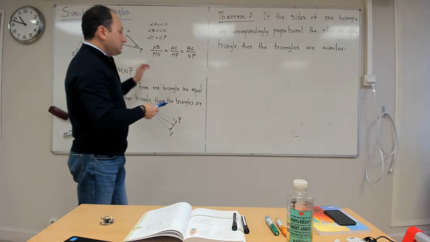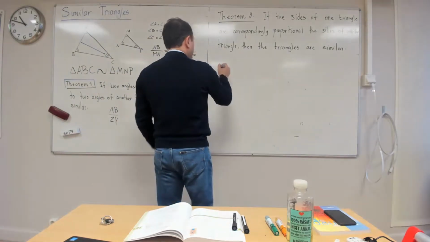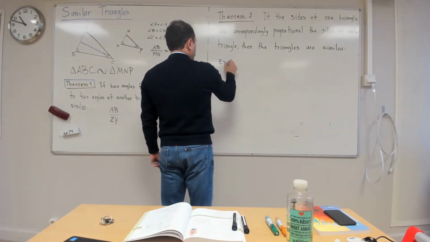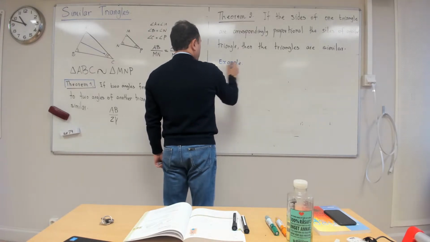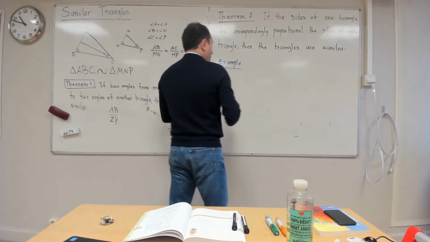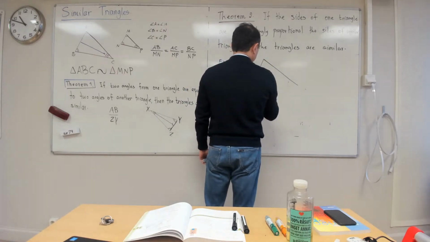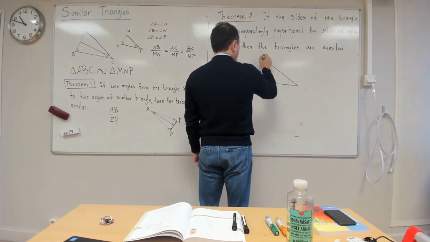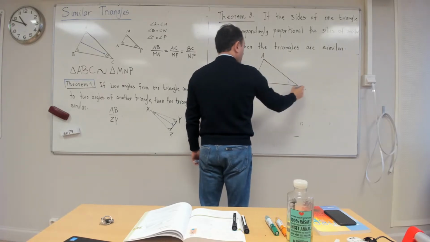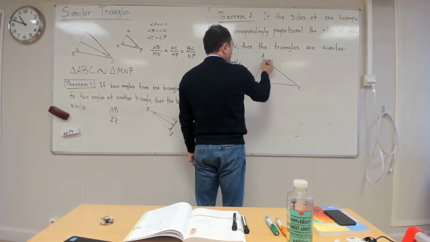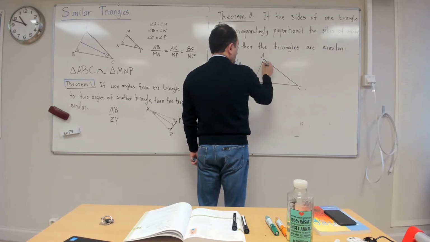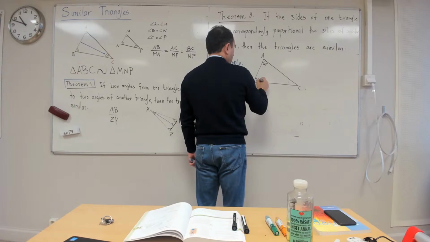So now let me give you an example here. For example, I give you this picture. So, for example, triangle ABC, let us take this one 40 degrees. Let me take this one 50 degrees.